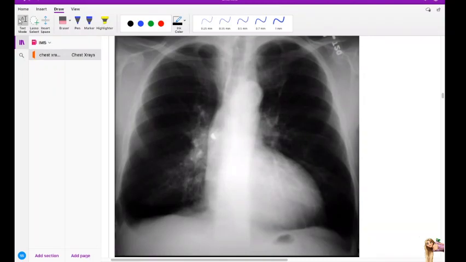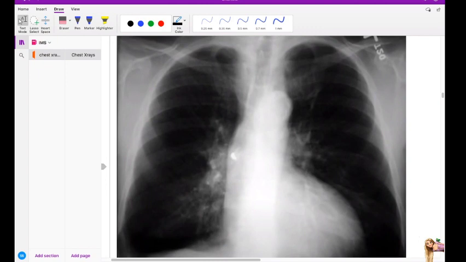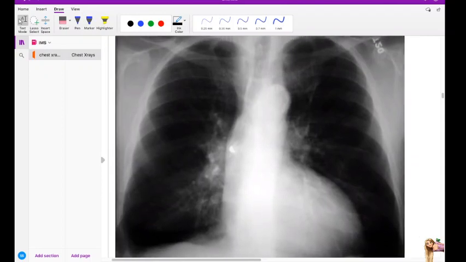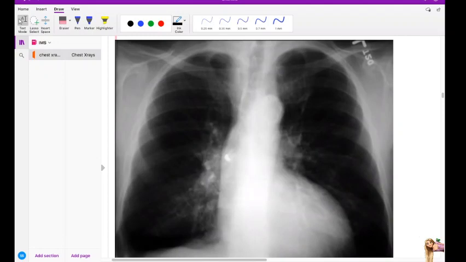Okay, what do you guys see in this X-ray? Right bottom, very nice. I'm just gonna zoom in a bit so you guys can see clearly. What is that? What do you guys see?